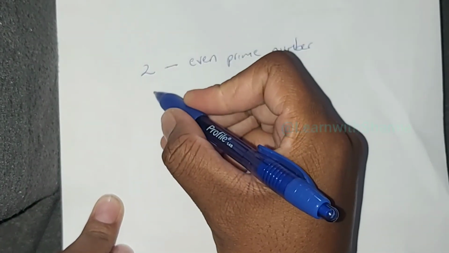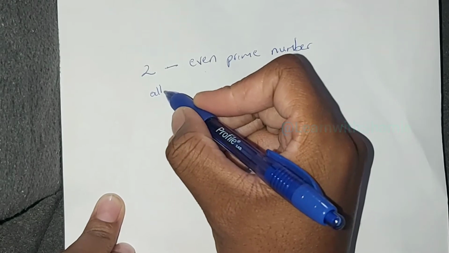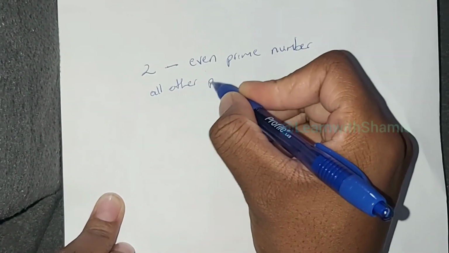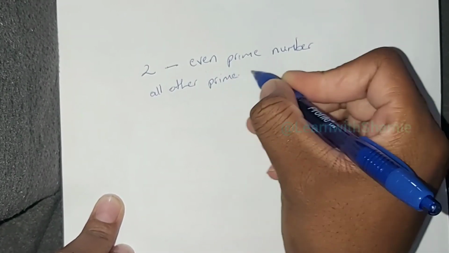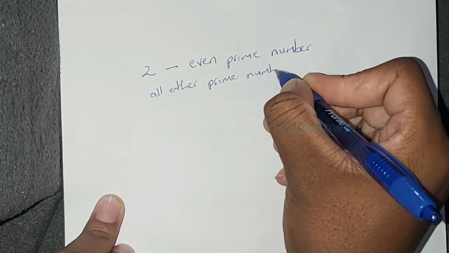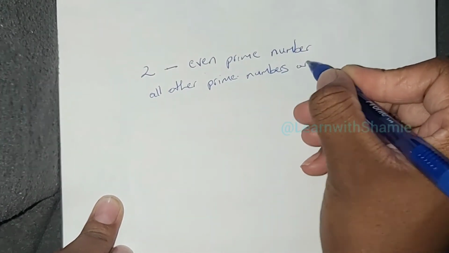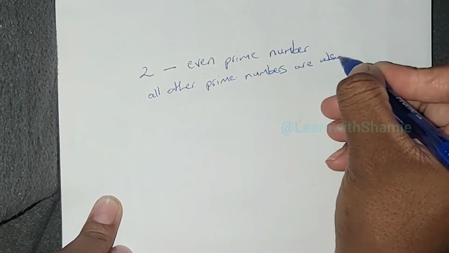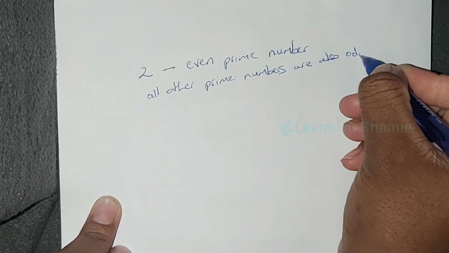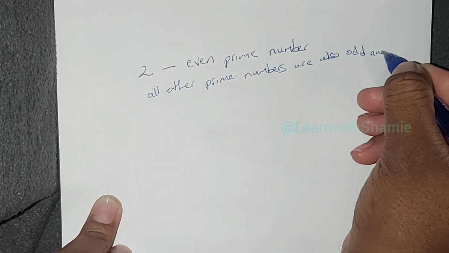Therefore, all other prime numbers are also odd numbers.